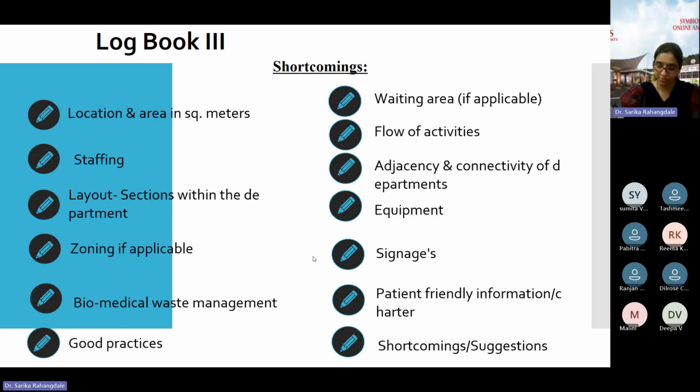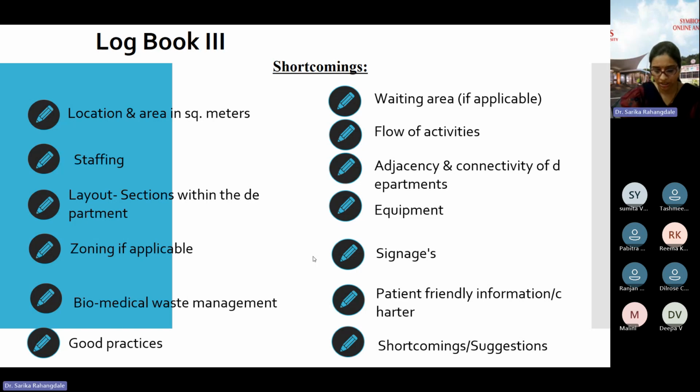Usually the surgical ward and the operation theater should be well connected with a lift, ramp, whatever. You have to look especially at the surgical ward or the OBGY ward: how the labor room is connected, and how much time it may require for a patient to move from one department to the operation theater. So you have to see adjacency and connectivity also.